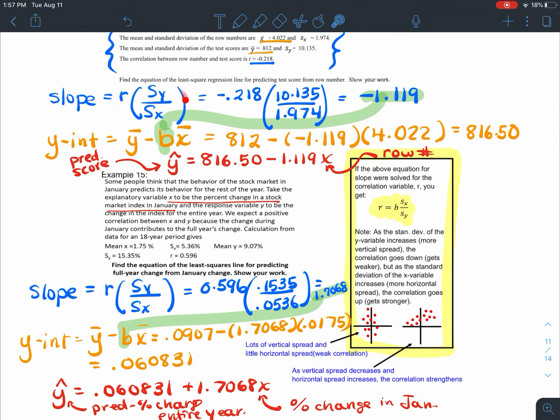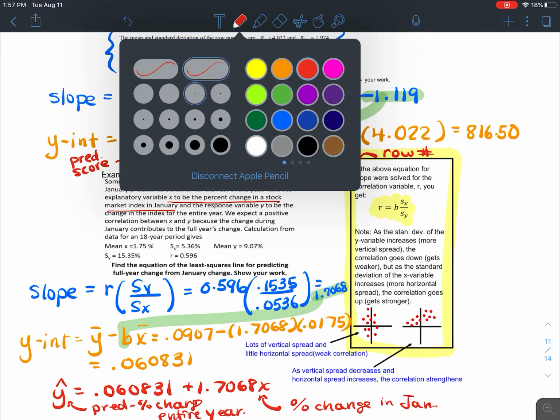You'll notice this is basically this formula solved for r, which is why they would have multiplied by the reciprocal of this fraction. That's why the standard deviation of x is on top and y is on bottom, because it's been rearranged to solve for r.